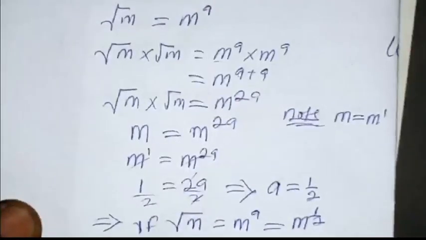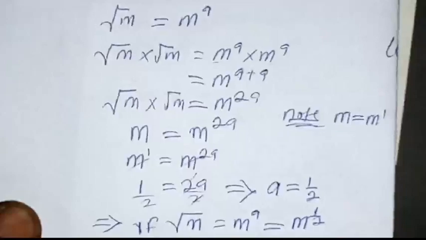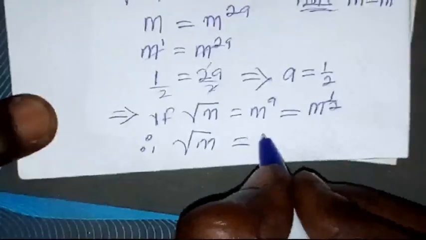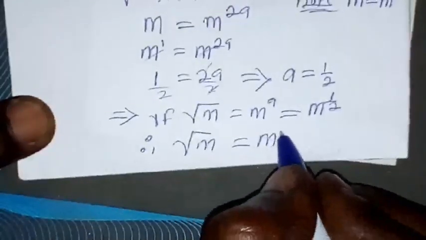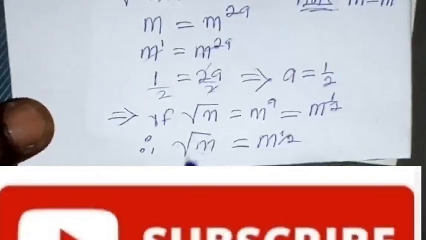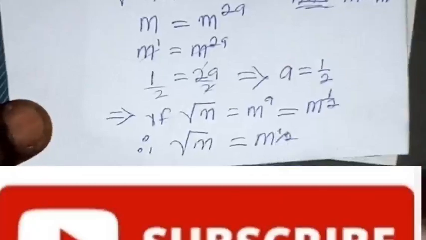Therefore, root of m is the same thing as m power of 1 over 2. Therefore, whenever we see a root, we can easily substitute it as power of 1 over 2.